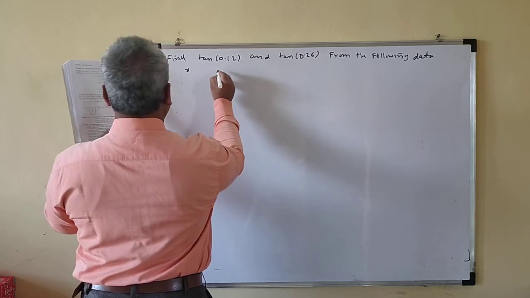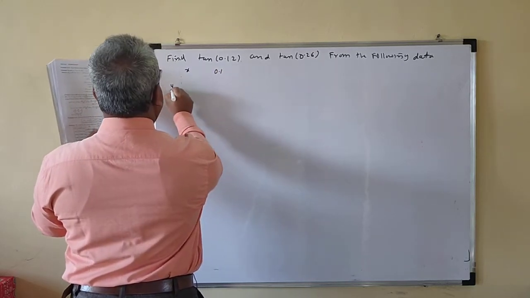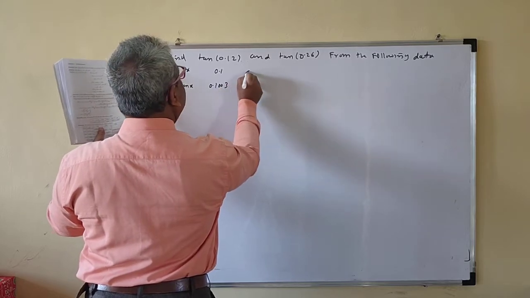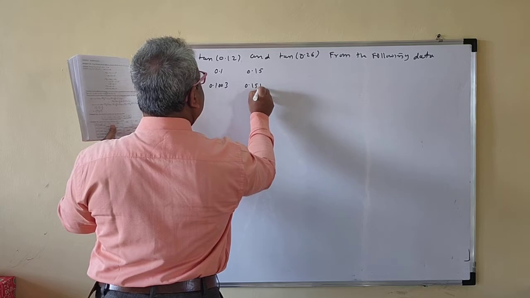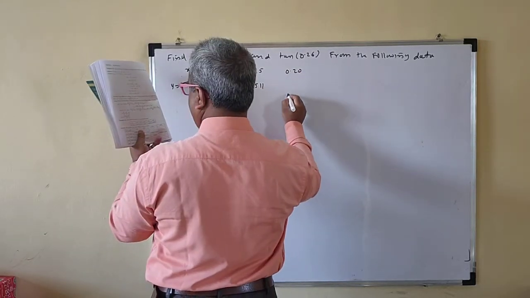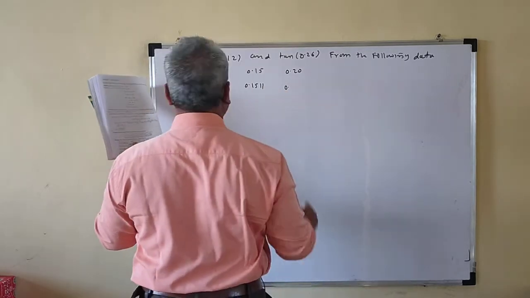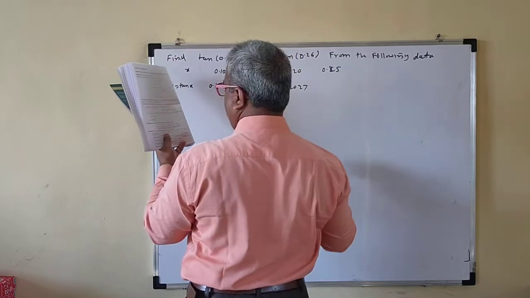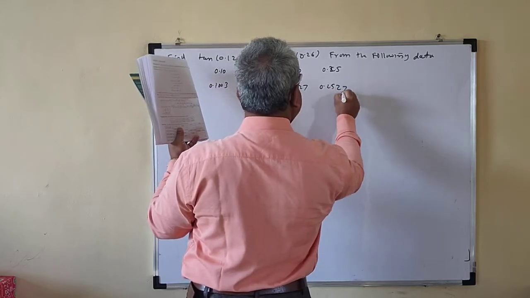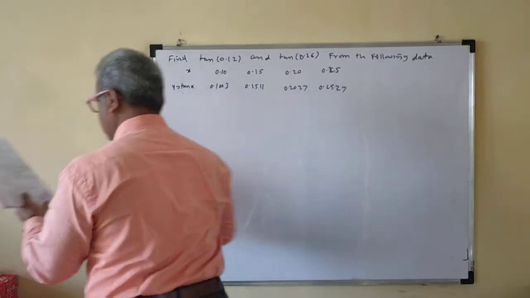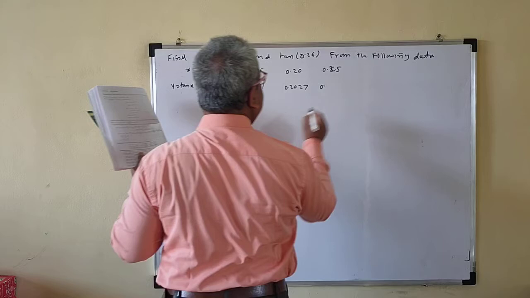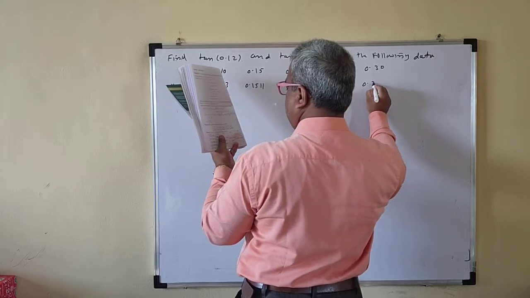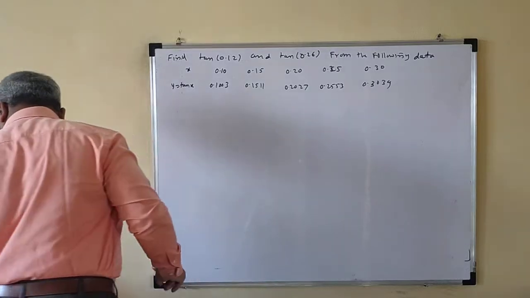The values of y equal to tan x are given to you; you don't have to take the tangent. x is 0.10, 0.15, 0.20, 0.25, 0.30, and the corresponding y values are 0.1003, 0.1511, 0.2027, 0.2553, 0.3093.